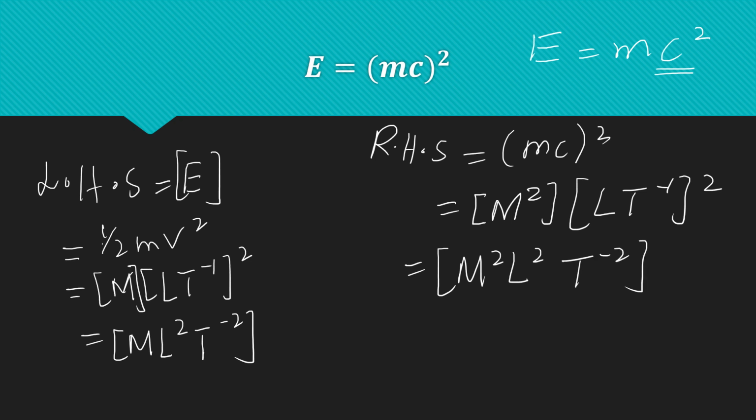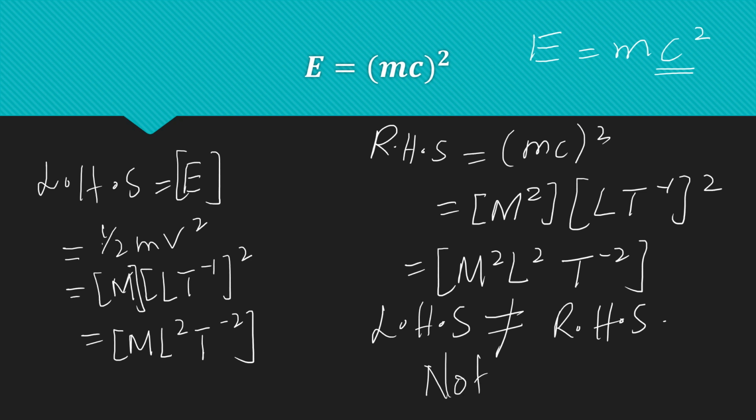So you can see that they are not equal to each other. Then you will conclude that the left hand side is not equivalent to the right hand side. So this equation is not correct because it is not obeying the homogeneity principle.